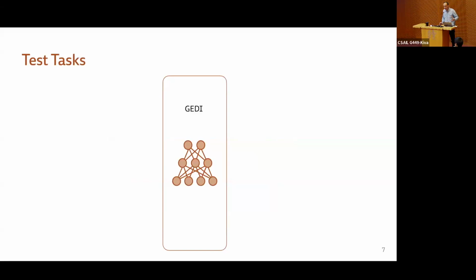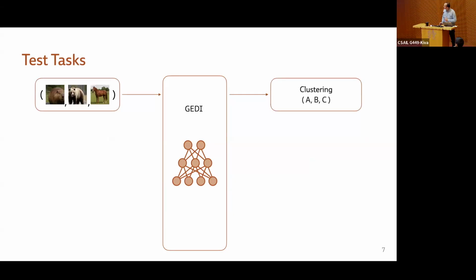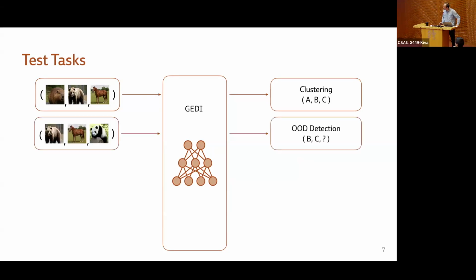Within a single model, a single classifier, we can solve these tasks. For instance, we can take our images as input and produce the underlying concepts. We will make some predictions about what the underlying concepts are, so we will perform some clustering. Moreover, we can pick data that does not belong to the training distribution.